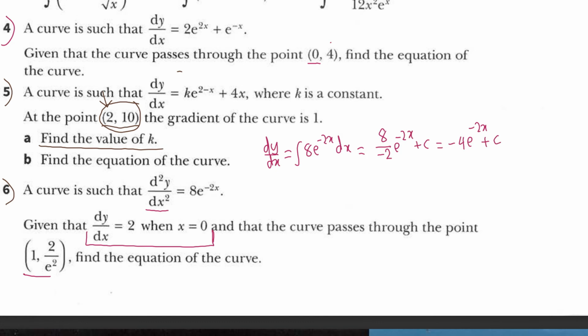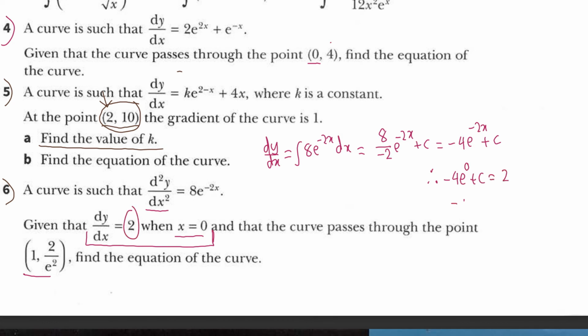First, we find the value of c from here, because x is 0 given. If we put this information here, we can write minus 4e to the power 0 plus c equals, dy by dx value is given, 2. Let me write here 2.